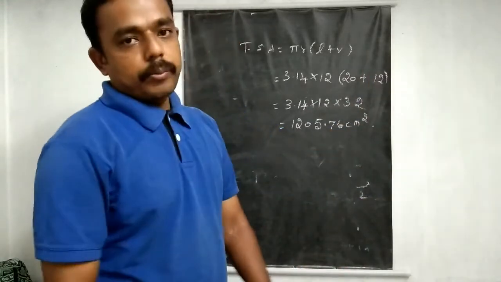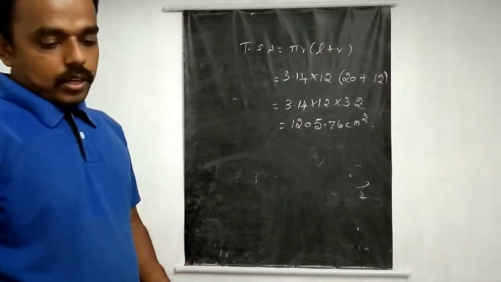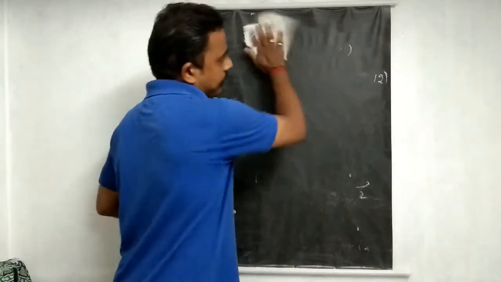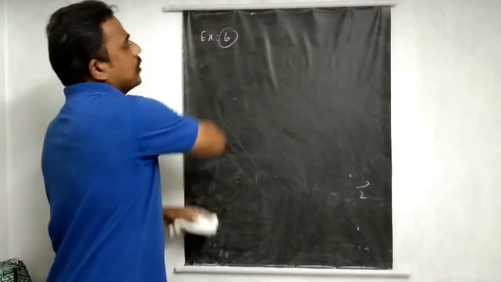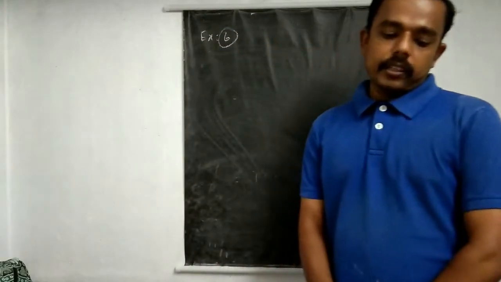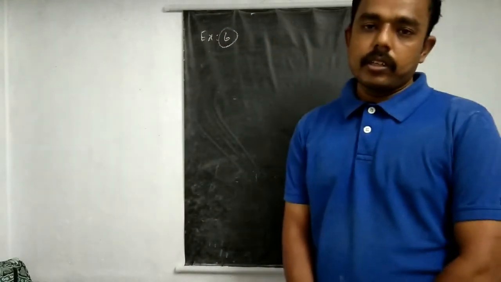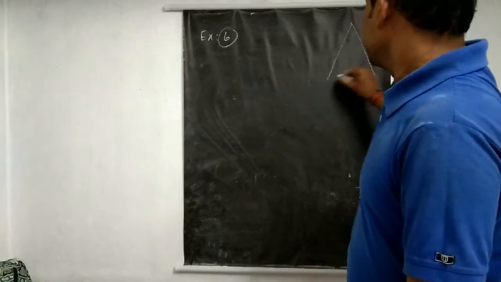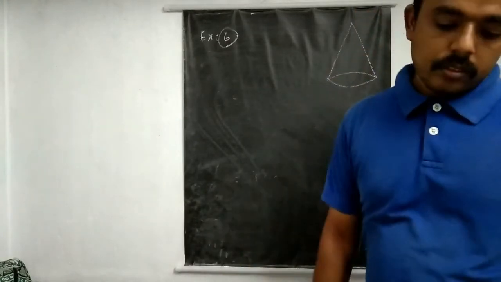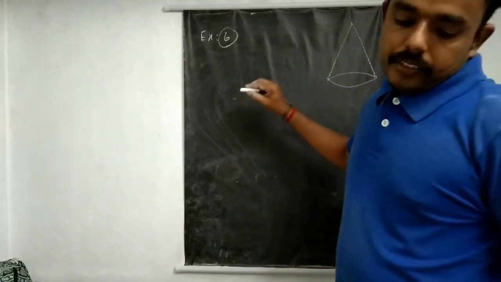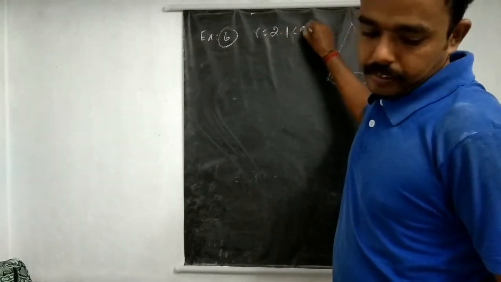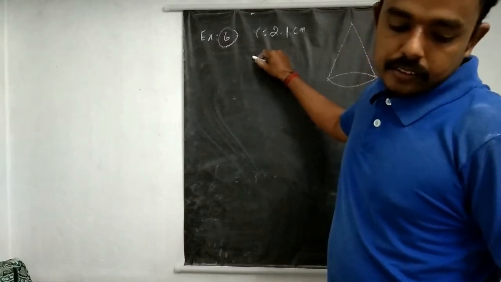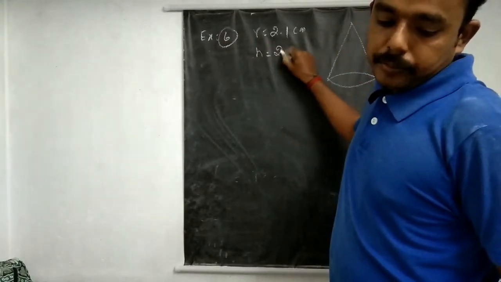So actual problem is like that. Example 6. A cup shaped somewhat like a cone. So it looks like a cone. The radius of its broadest end is r equal to 2.1 and the length, like a height, is 20 centimeter.